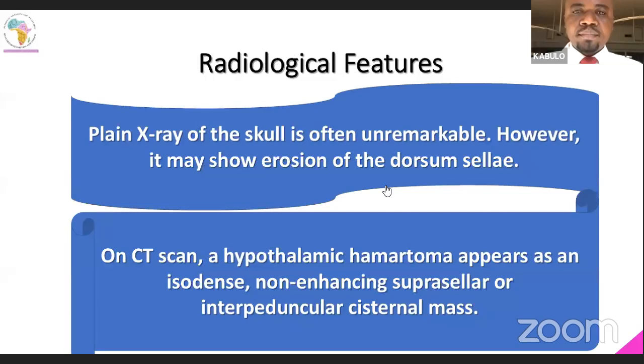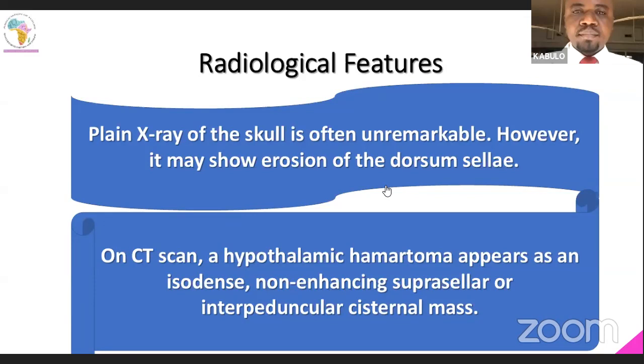So radiologically, on plain X-ray of the skull base, it is usually unremarkable. Of course, you can see erosion of the dorsum sellae, but in most cases it's unremarkable. On CT scan, it will be isodense and not take contrast.